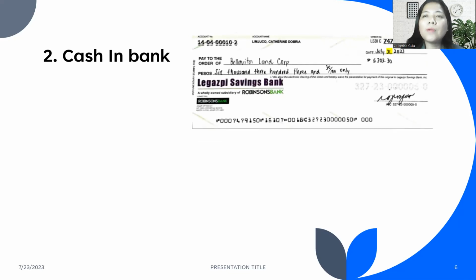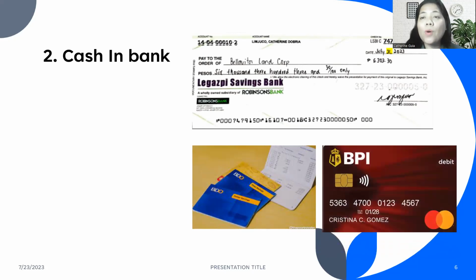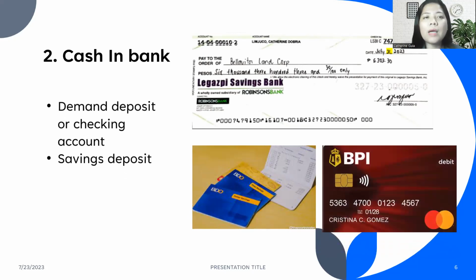So this is an example of a checking account in which your money in the bank is in the current account or the demand deposit account. And you also have here a savings account or savings deposit evidenced by a passbook or an ATM or both. So for our cash in bank, we have demand deposit or checking account and savings deposit.